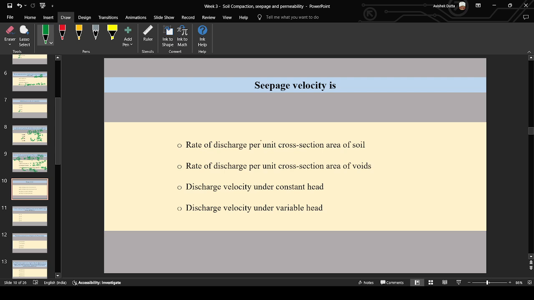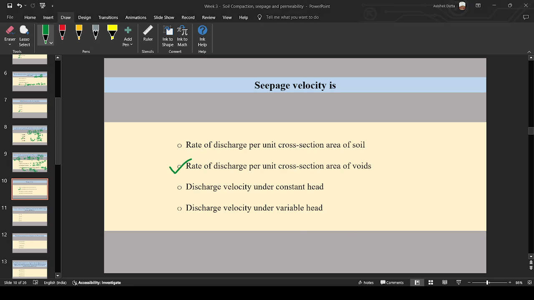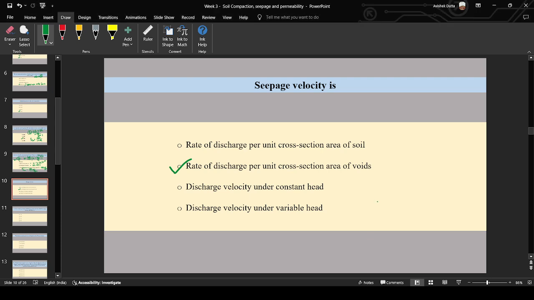It is the rate of discharge per unit cross-sectional area of the voids. It is the actual percolation of water. We consider the entire soil cross-sectional area while solving numericals, but actually the water is moving through the voids only. That rate of discharge is called seepage velocity.